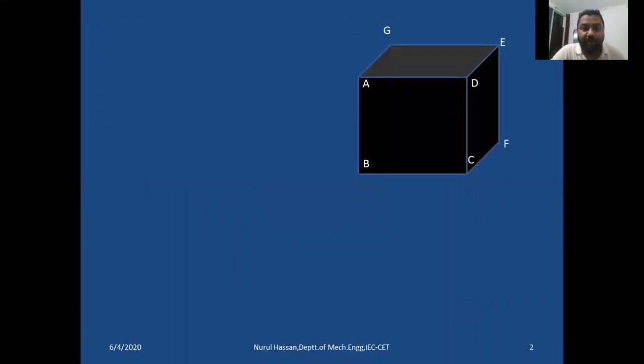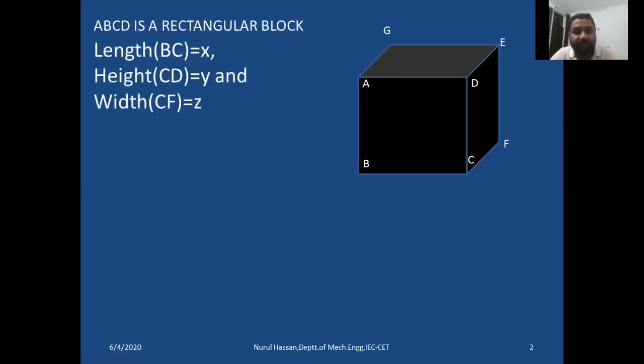So this is a body A, B, C, D, E, F and G. It is a rectangular body whose length BC I have taken as X, height CD I have taken as Y, and the width CF I have taken as Z. These are the three directions, X, Y, and Z directions.